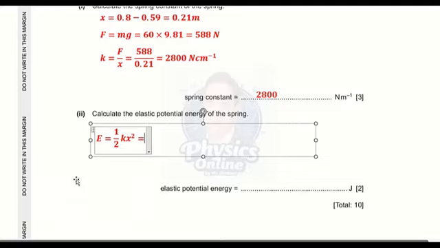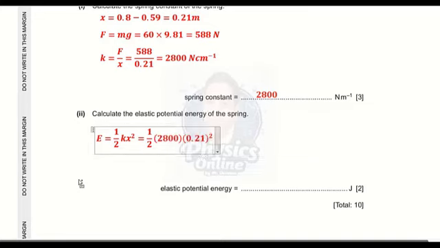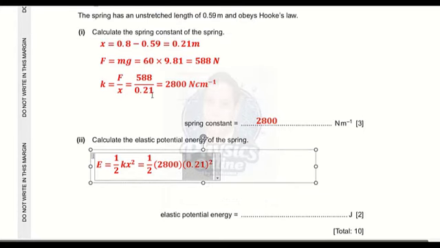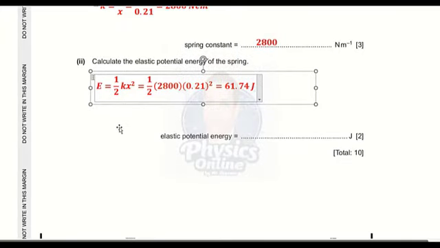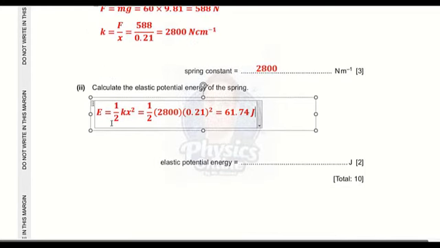So it equals half times k, which we calculated as 2800, times x, which we have here as 0.21 squared, which gives you about 61.74 joules. So the final answer, approximating according to significant figures, we have two significant figures here, so the answer will be 62.